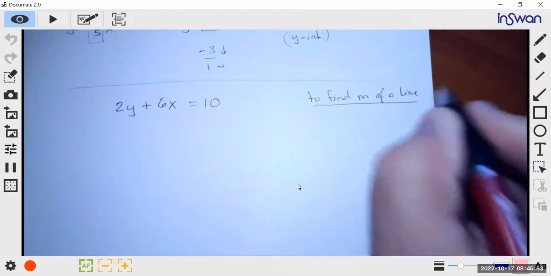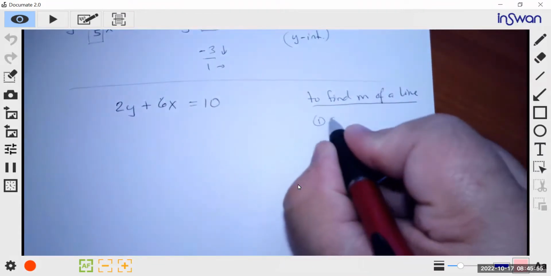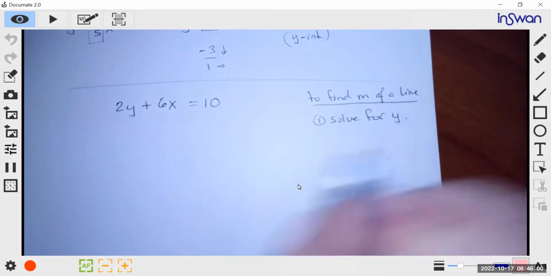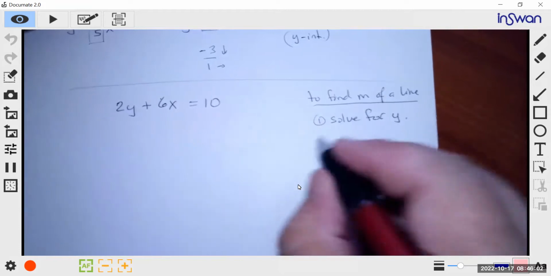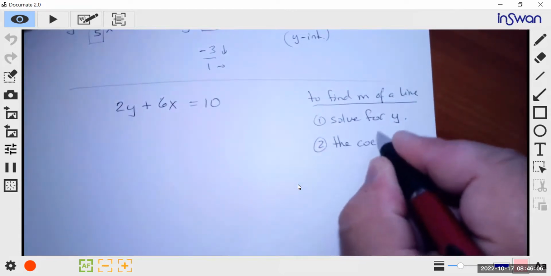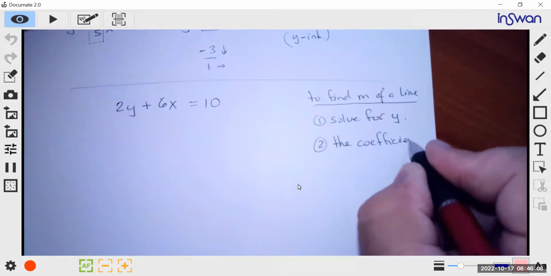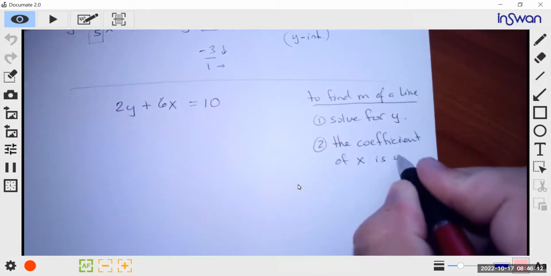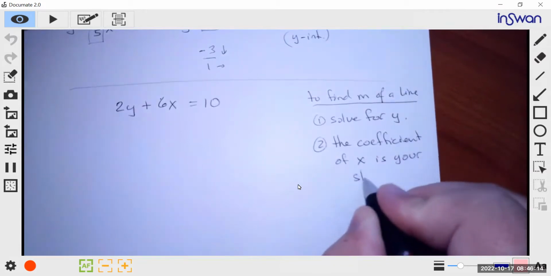To find the slope of a line, you have to solve for y first. The coefficient of x is your slope.